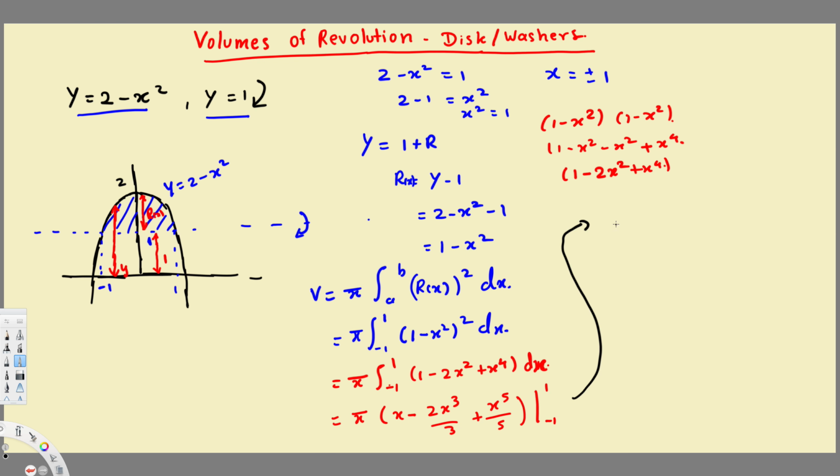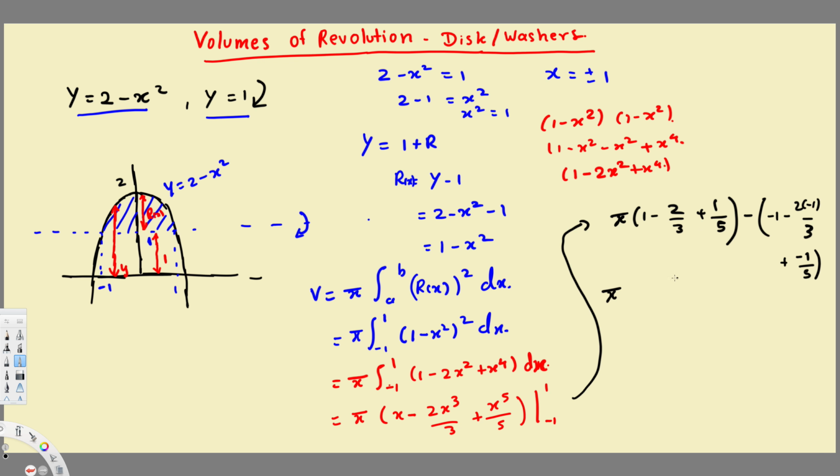So pi, if I substitute 1, this is going to be 1 minus 2 over 3 plus 1 over 5, right? And if I substitute negative 1, this is going to be minus 1 right here, and the minus 2 times minus 1 over 3, plus minus 1 over 5, because all the powers are odd powers, so whatever the power you get for minus 1 is going to be negative.